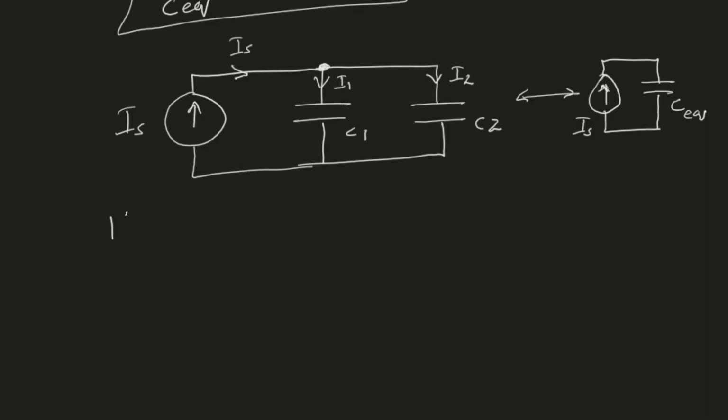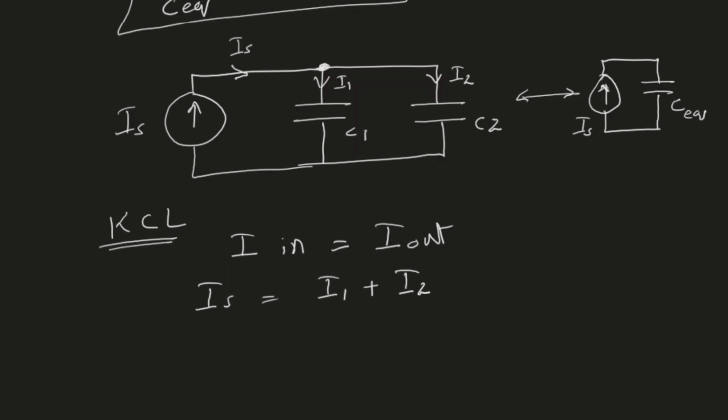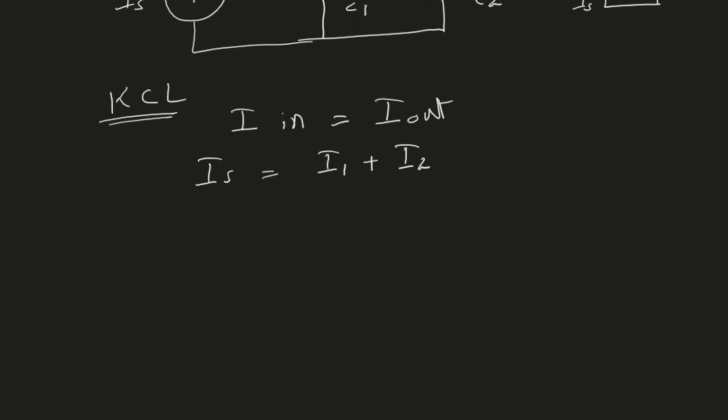Correct? So I can apply KCL to this node, which says the current that enters the node should be equal to the current that leaves the node. The current entering the node is Is, and the currents leaving are I1 plus I2.